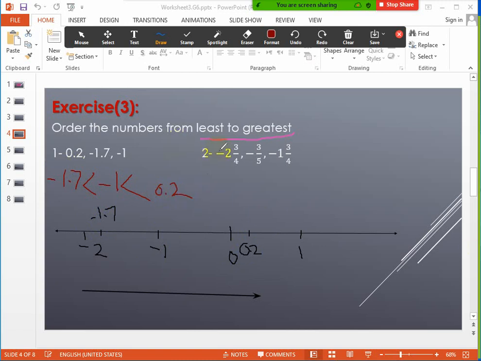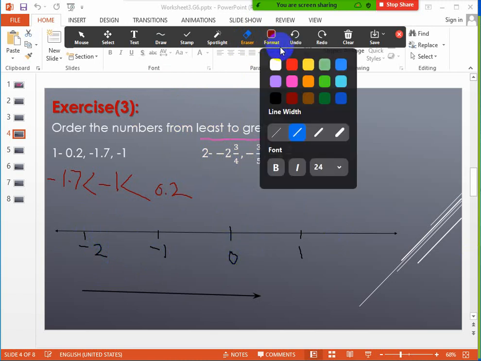Now I want to order those numbers: negative 2 and 3 over 4, negative 3 over 5, negative 1 and 3 over 4. Let's locate the numbers on the number line. Okay, I will locate the numbers now.